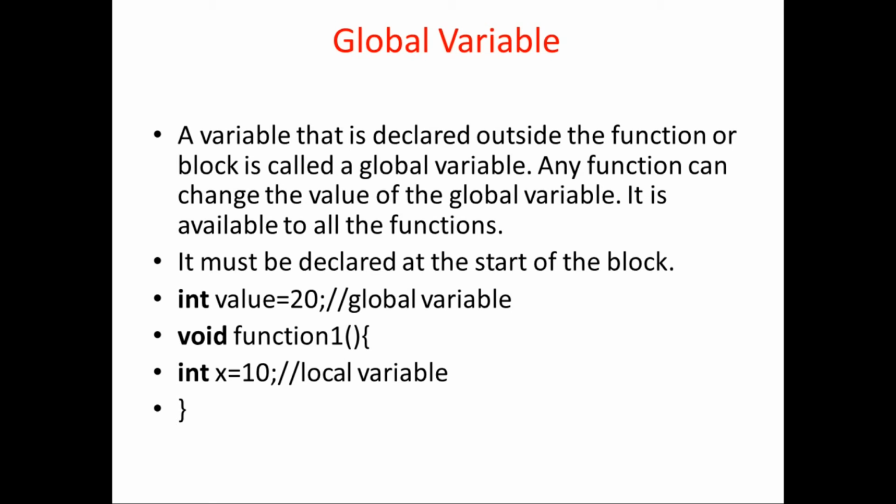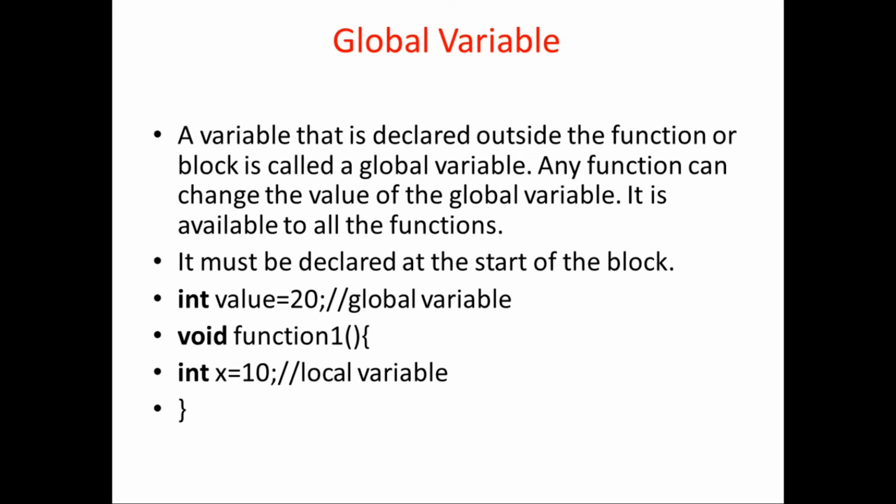The next one is the global variable. A global variable is declared outside of the function, and there is a great advantage to having a global variable in your program. Once you declare a variable as global, you can use that variable's value anywhere in your program.